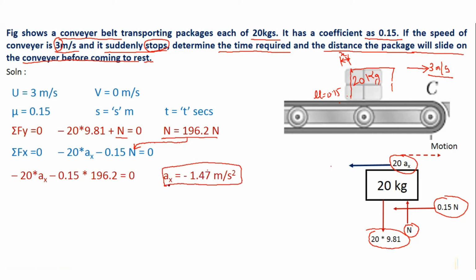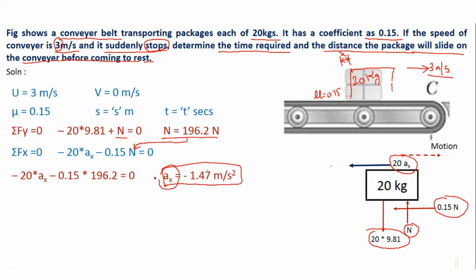Earlier we discussed that to solve any equation of motion, the primary requirement is the acceleration, which we have just found. Now we can apply any of the equations of motion to find the required answers for time and distance.